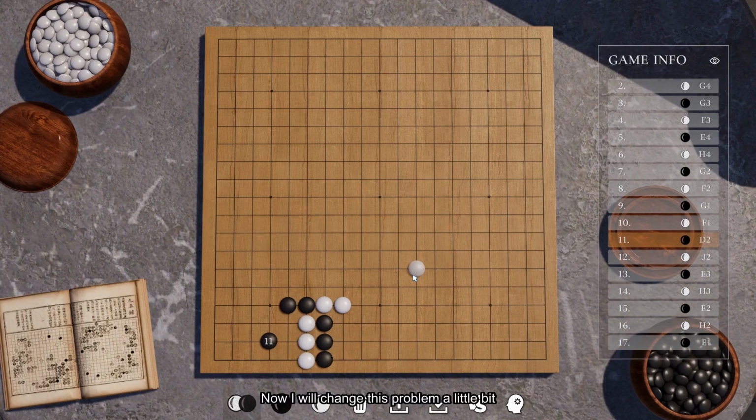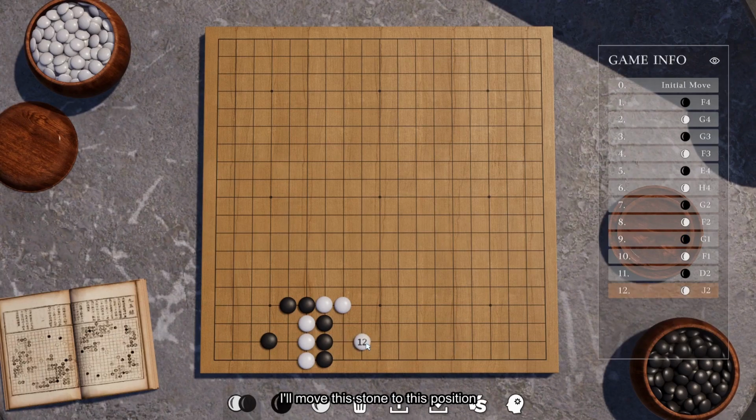Now, I will change this problem a little bit. I'll move this stone to this position. Okay, now our liberty count has changed accordingly. White still has 3 liberties, but black now has 2 liberties. So, in this battle for life, no matter who plays first, white will be the one to win.